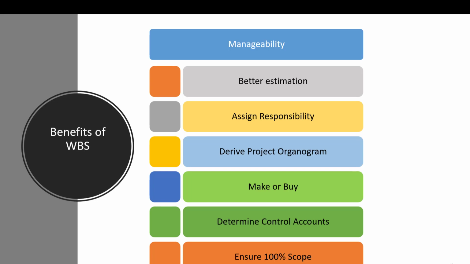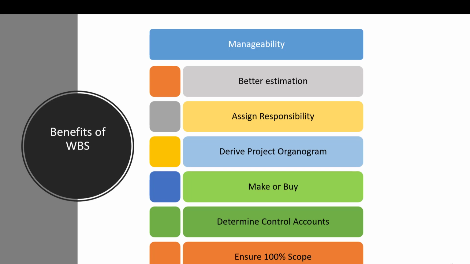WBS also facilitates make or buy decisions. As you drill down into different child elements, you need to ask this question: am I going to do this within my organization, or is it going to get outsourced? So this clarity helps to manage the project better.